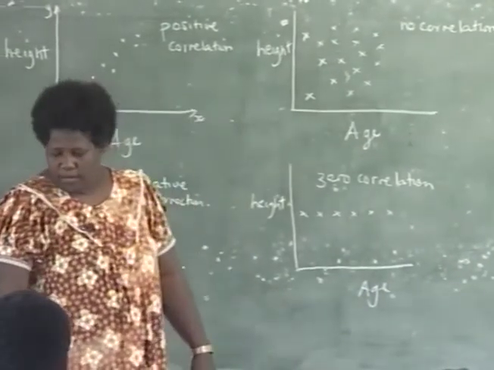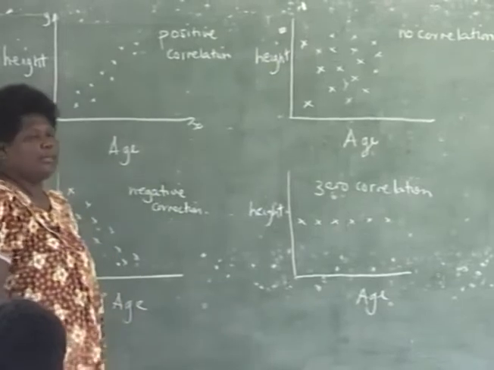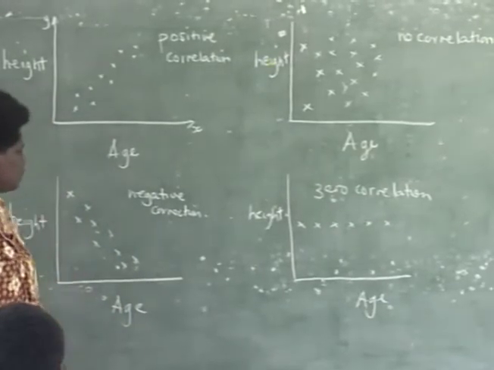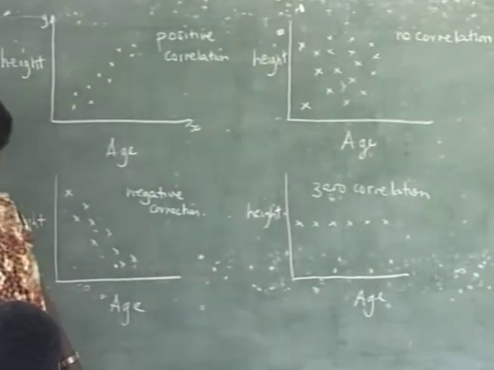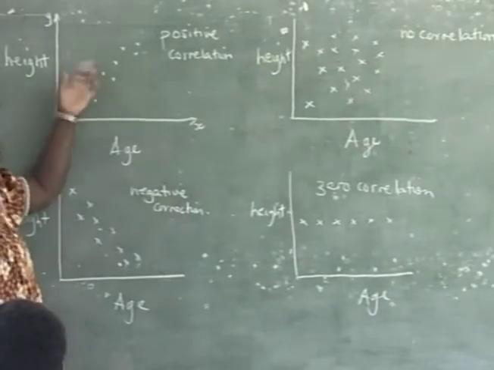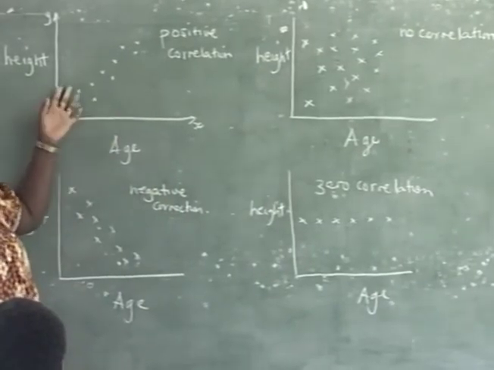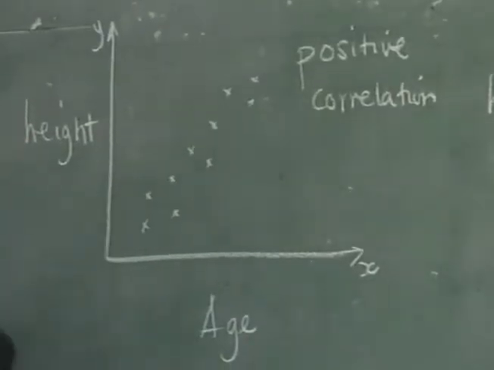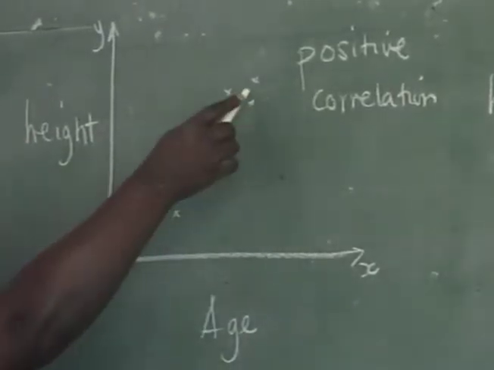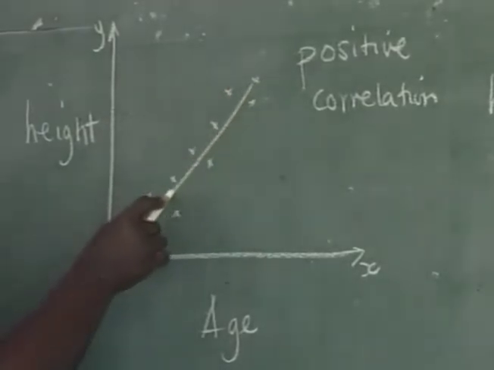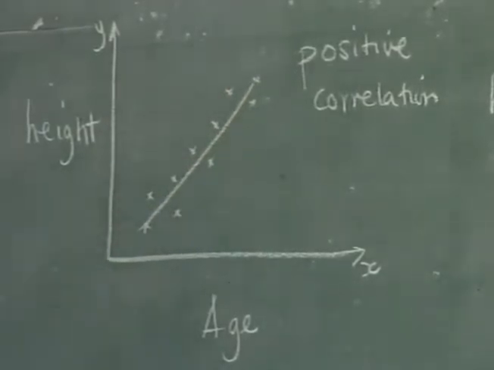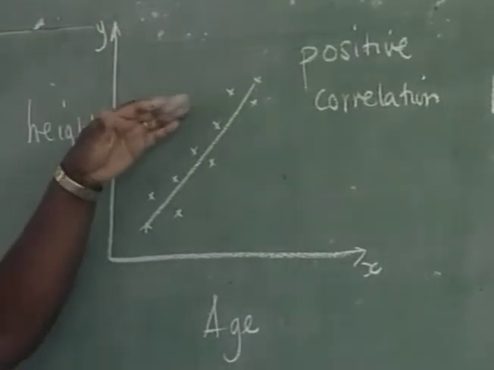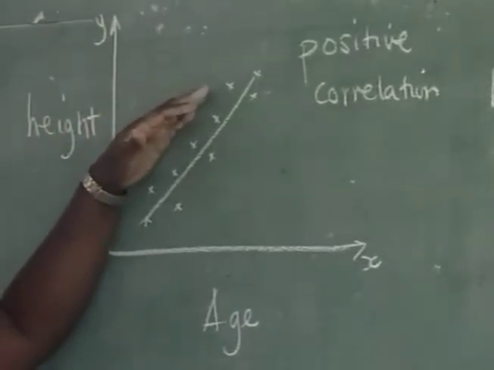Now, the next thing that we are going to look at is that you are supposed to be able to draw a line through any related quantities that you plotted. For instance, you can draw a line through this and then estimate the gradient of the line along which the points are lying.